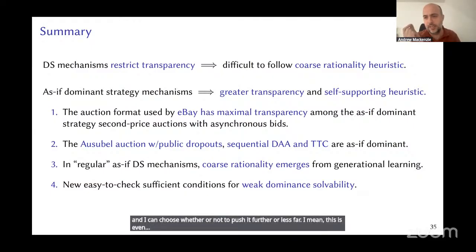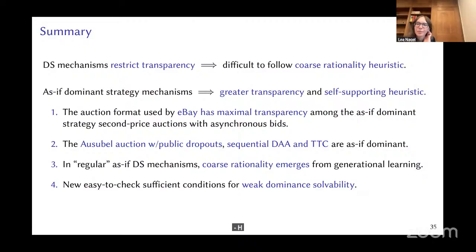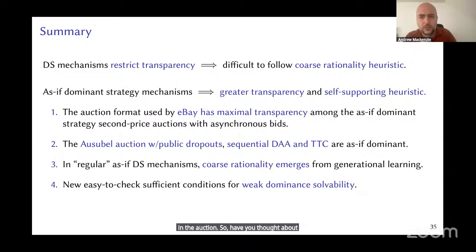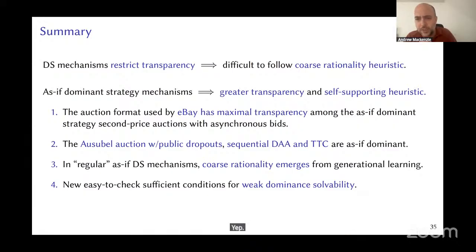I mean, this is even kind of a channel for collusion in the auction. I have a similar intuition when it comes to your regularity conditions. Have you thought about non-bossiness specifically as it relates to these?